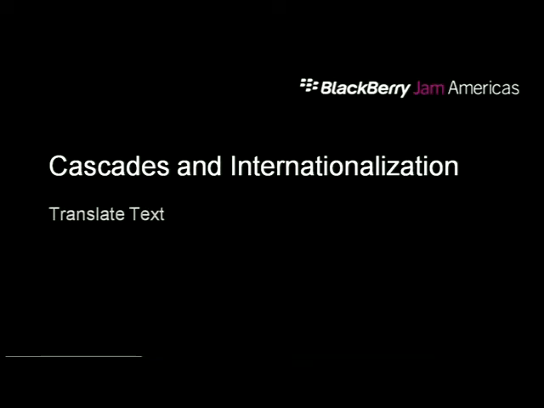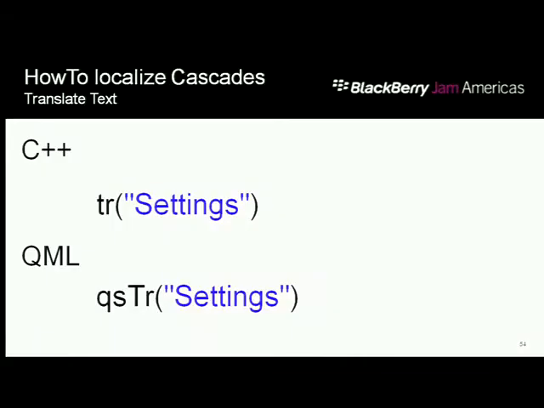So how will this be done? How can text be translated? In C++, if you write something in C++, you only say tr, translate, and then your string, settings.